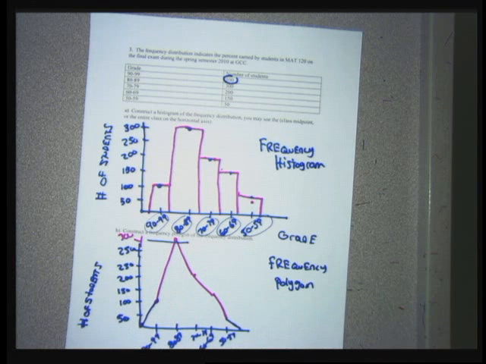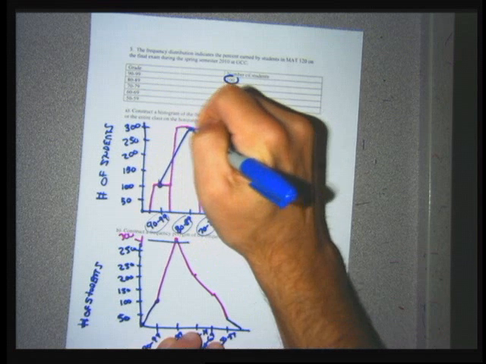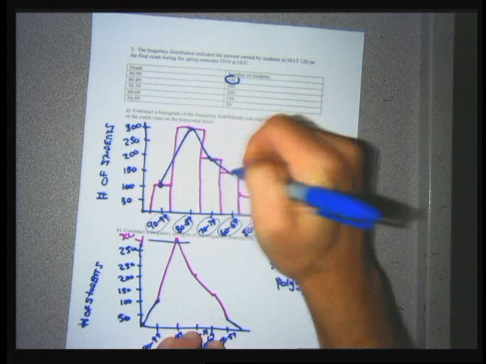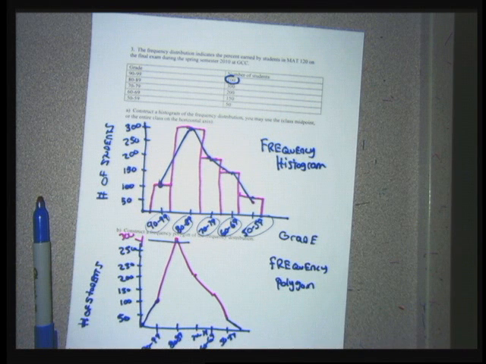If you did the homework in the text, you'll notice that the author, instead of showing a separate graph for a frequency polygon and a frequency histogram, showed the polygon and the histogram on the same graph. That would be fine. If this was a test question and I asked you to do both, and your graph to part A showed both the histogram and the polygon simultaneously, I would call that perfect.